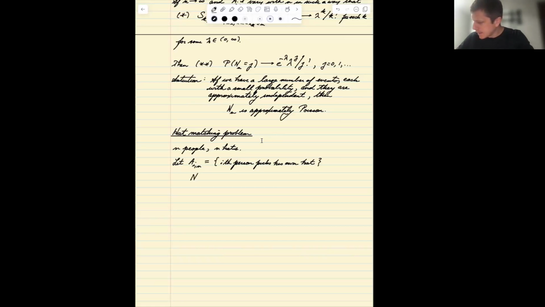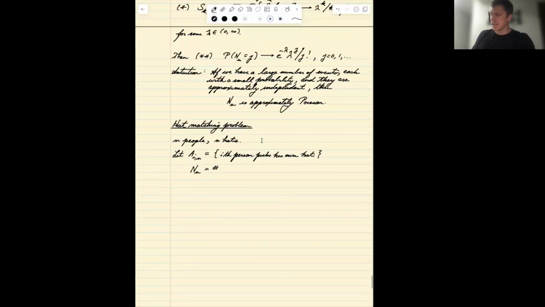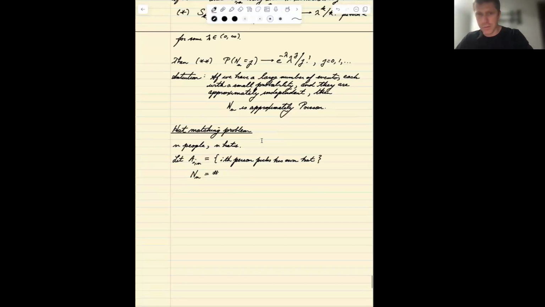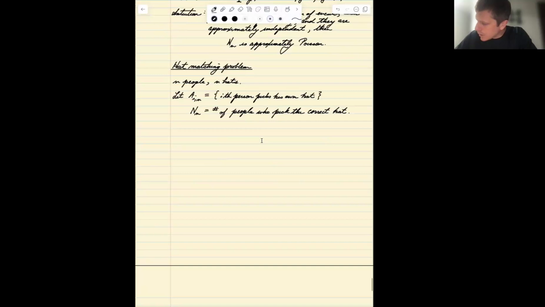And so N sub n becomes, in the above, so this is in the framework of the general Poisson approximation theorem, N sub n is the number of people who pick their own hat, who pick the correct hat. Then what can we say?